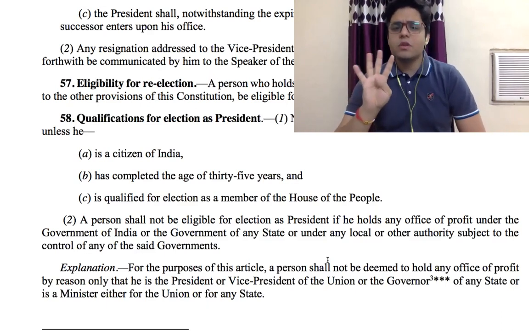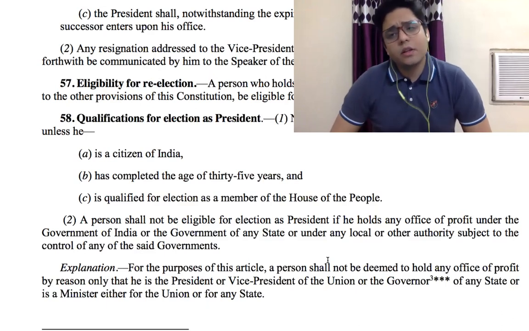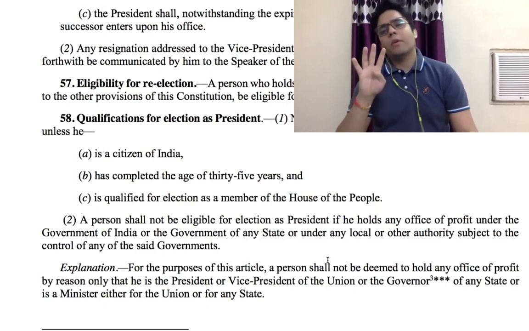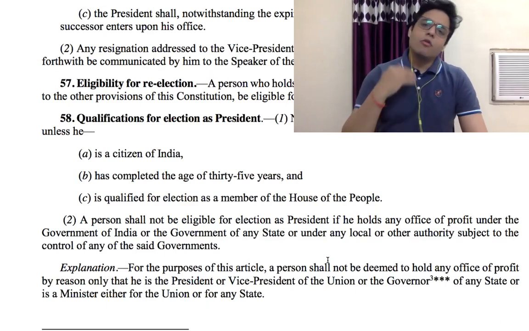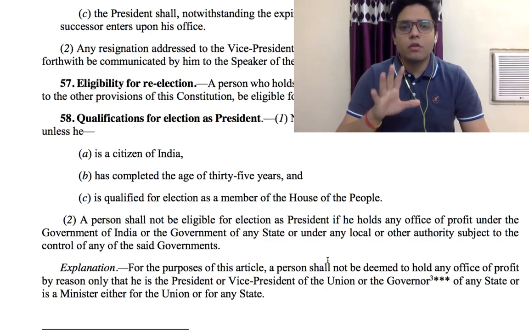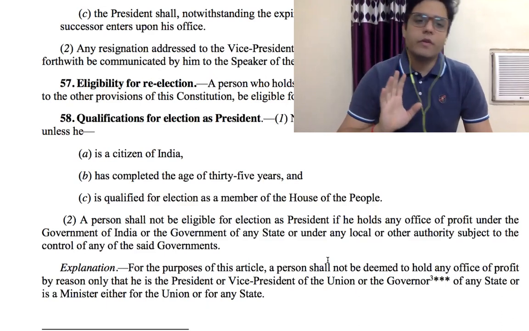So four posts: president, vice president, governor, and minister, either in the Union or the state. Exemption has been provided for these posts. People holding any of these posts can contest the election of president, even though they are holding an office of profit under the government.